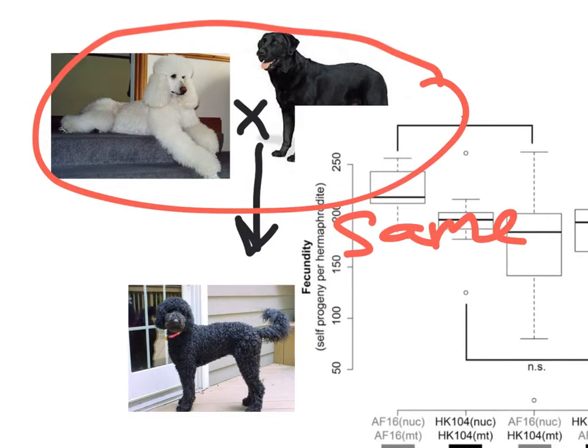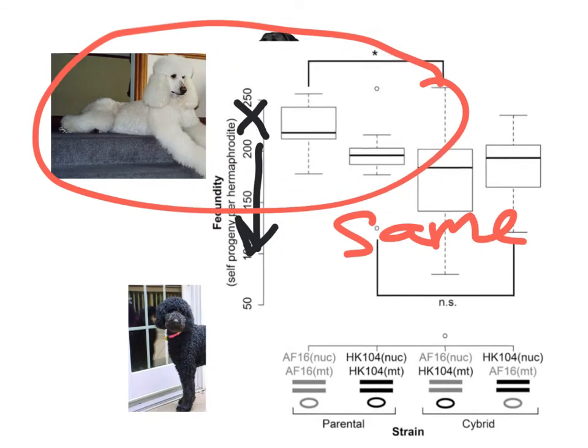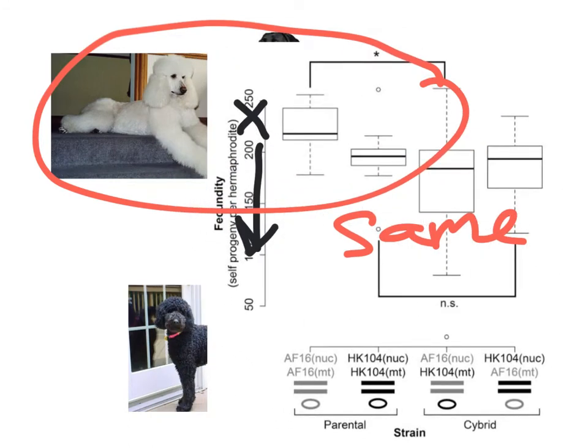What I do is the students and I in my class will mate these worms together, and then on the x-axis here, we study different strains of worm, and on the y-axis I measure how many individual offspring each of those worms can produce on their own to try to figure out which ones have no offspring. They're members of different species.